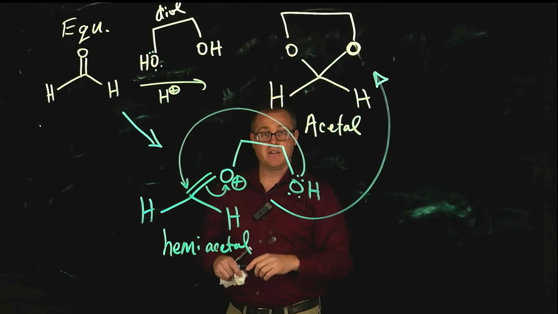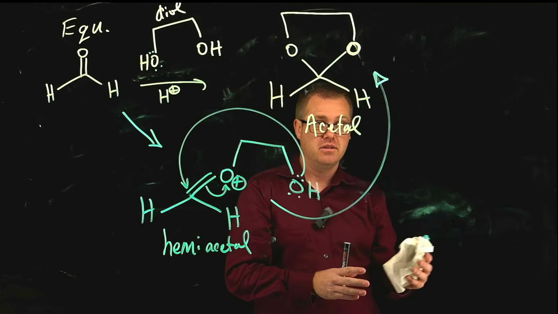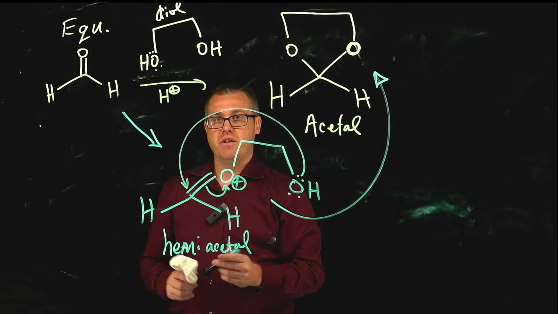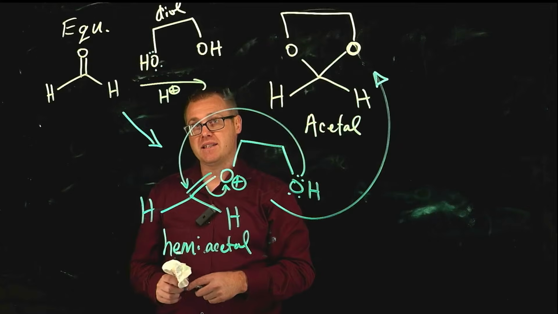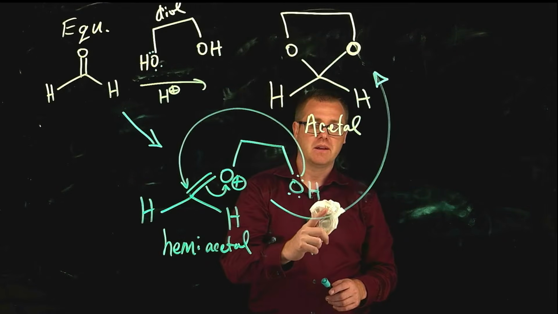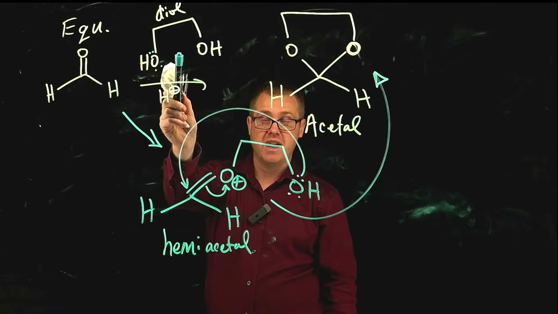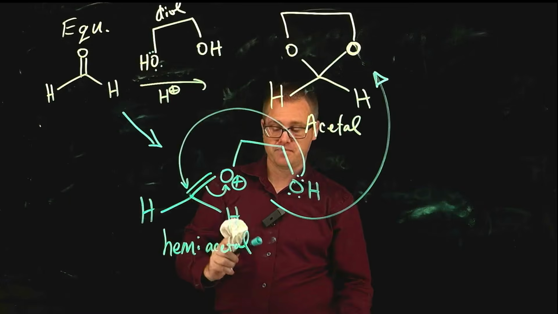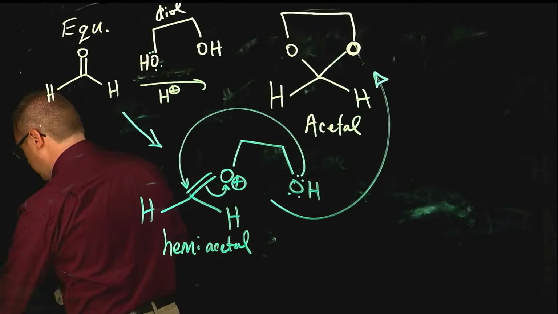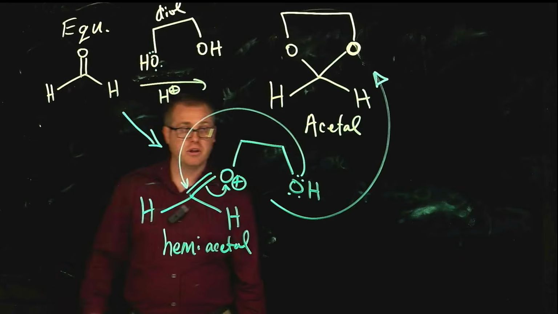In this particular problem, I didn't do all the steps. But if you go back to the acetal formation mechanism, you will see it. Okay? So I would recommend you do this diol and do the mechanism. That would be a really good use of your time.